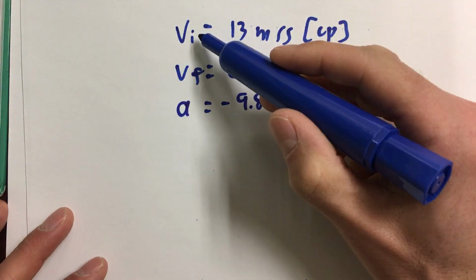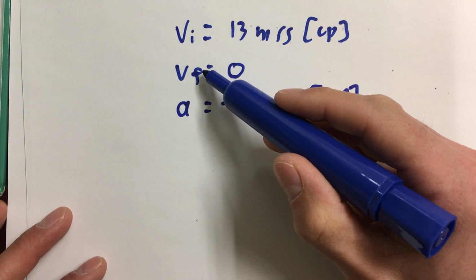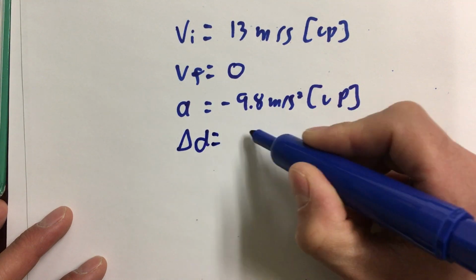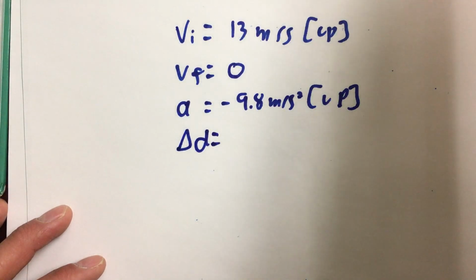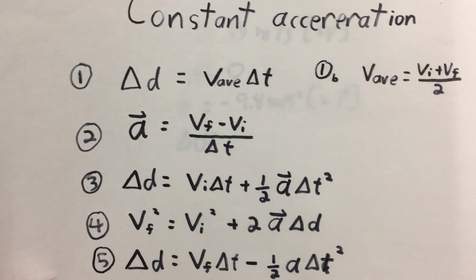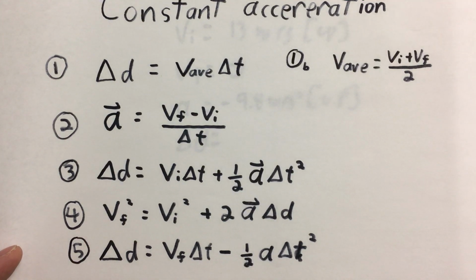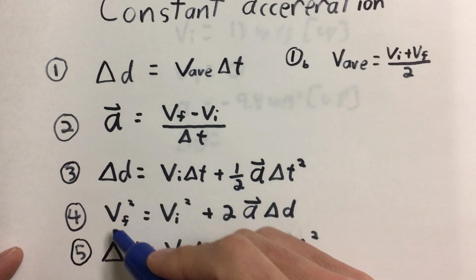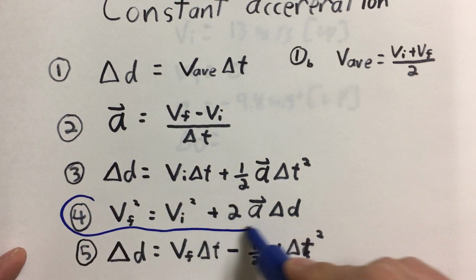So I have initial velocity, I have final velocity, I have acceleration, and I am looking for displacement. So let's look at our list of equations here. And where do you see initial velocity, final velocity, acceleration, and displacement, and no time? It's this one right here.